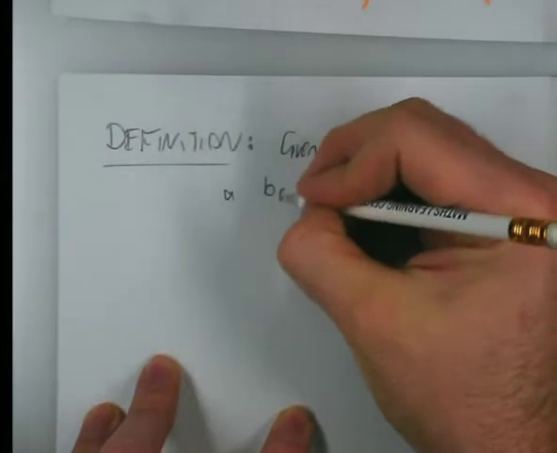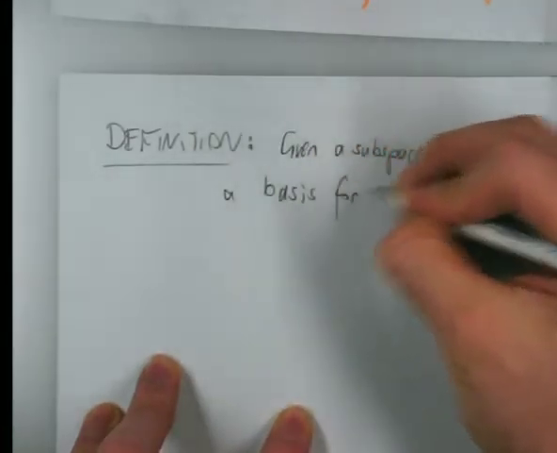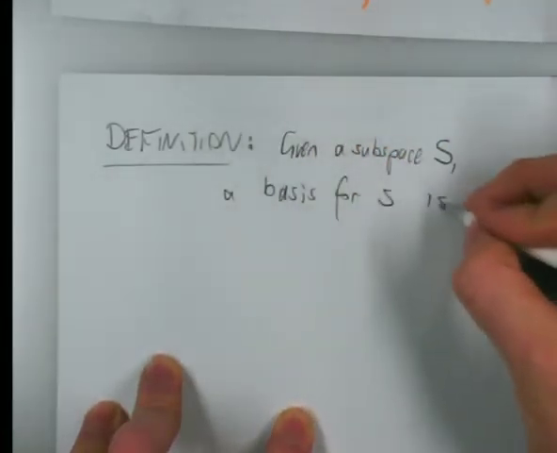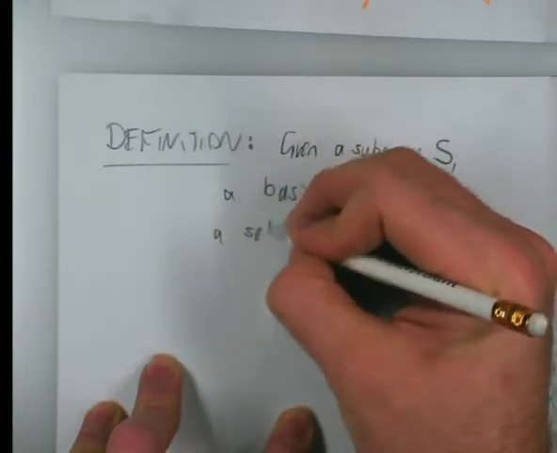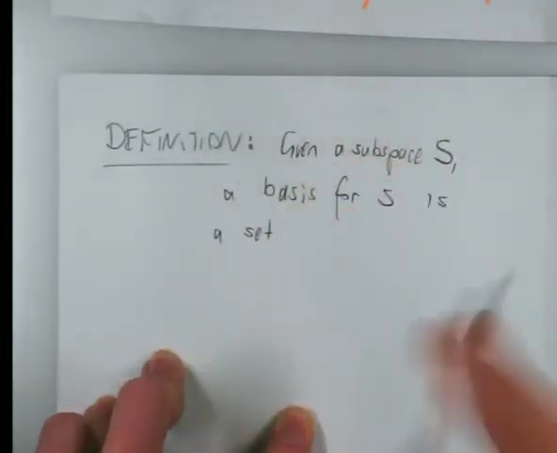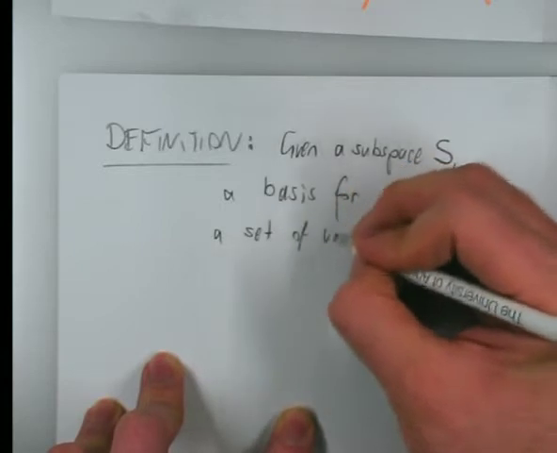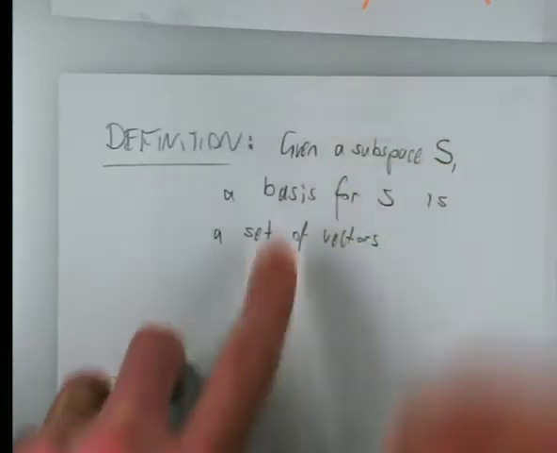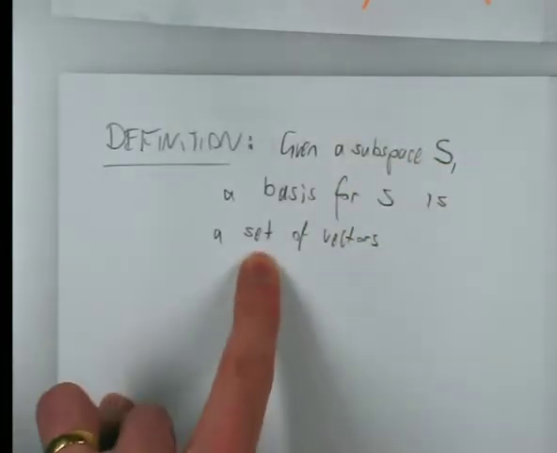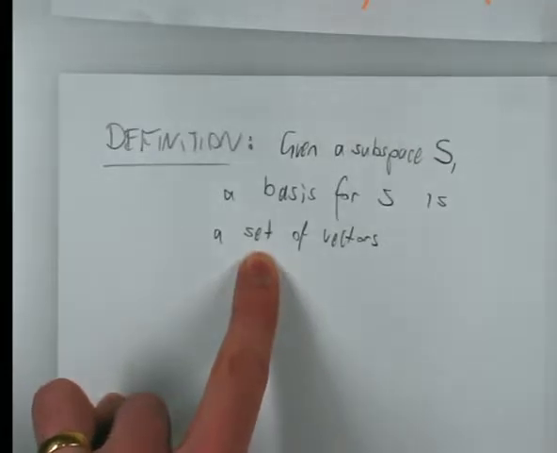a basis for S is a set of vectors, that's sometimes called a list of vectors, but it doesn't matter. Now, it's a set, which means it's a collection of vectors with a rule for being in or out. It's always a list set. It's rule number 1 for making sets, where you just list the things that are in it.